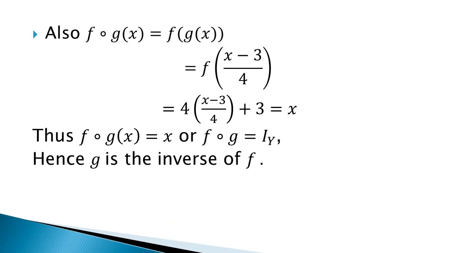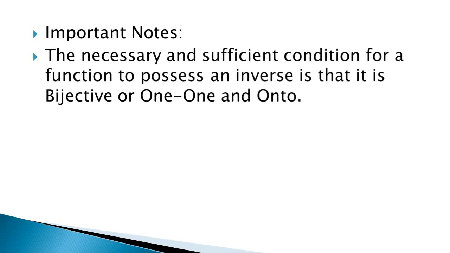From this we can conclude that one function is the inverse of the other if the composite is the identity function, in whatever order you take it. You remember this one. Important notes: the necessary and sufficient condition for a function to possess an inverse is that it is bijective, or one-one and onto.